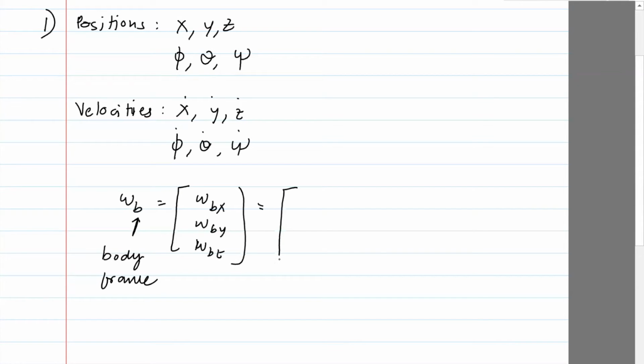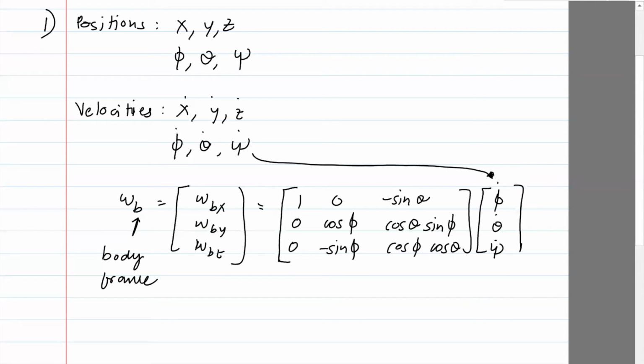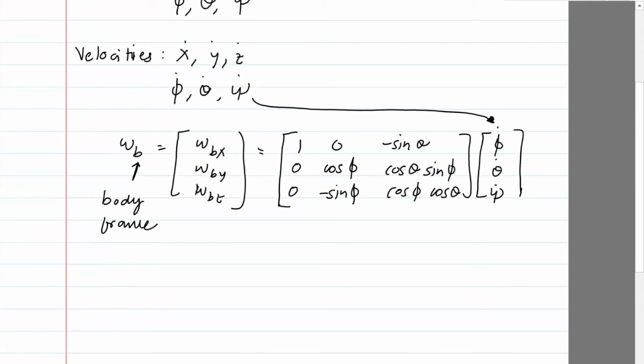This formula is in terms of the rotation matrix, which can be simplified to this simple form: cosine phi, minus sine phi cos theta, sine phi, cos phi cos theta, and then phi dot, theta dot, psi dot. Those are the Euler rates. So we have the angular speed.